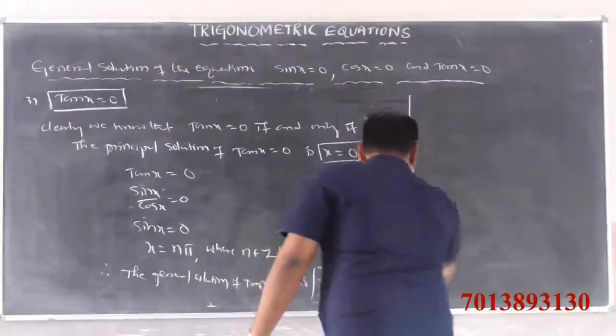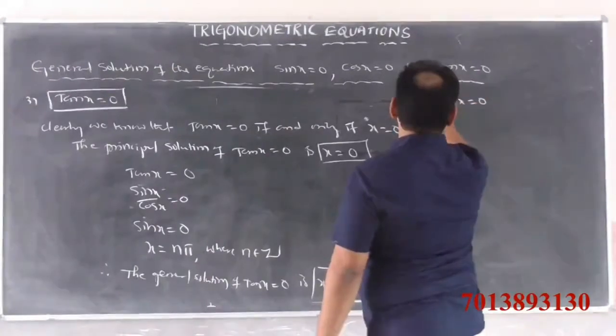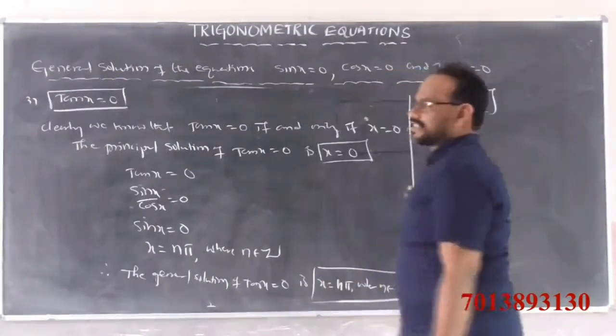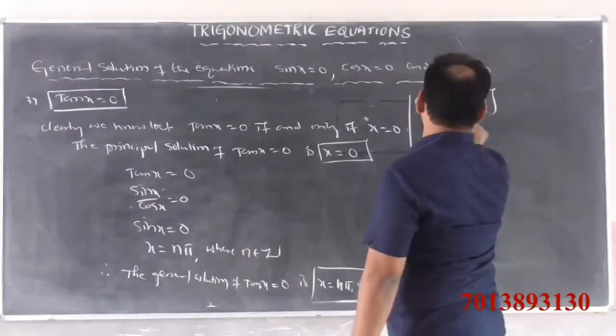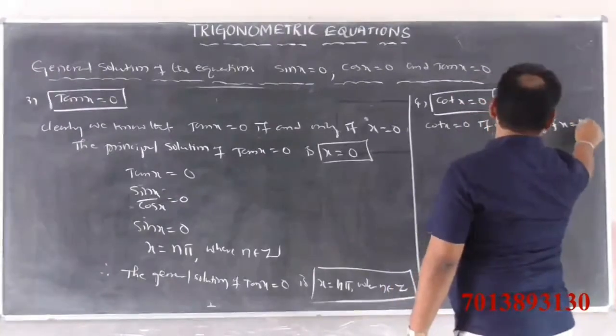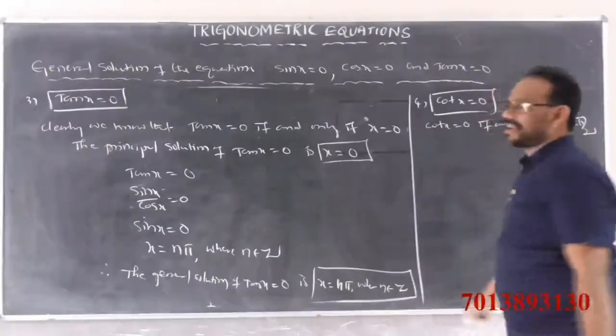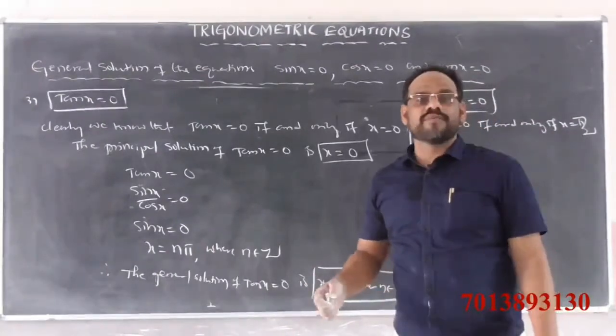How to find the general solution of the fourth one, cot x is equal to 0? Cot x is equal to 0 if and only if x is equal to pi by 2. Cot 90 degrees, how much? 0.